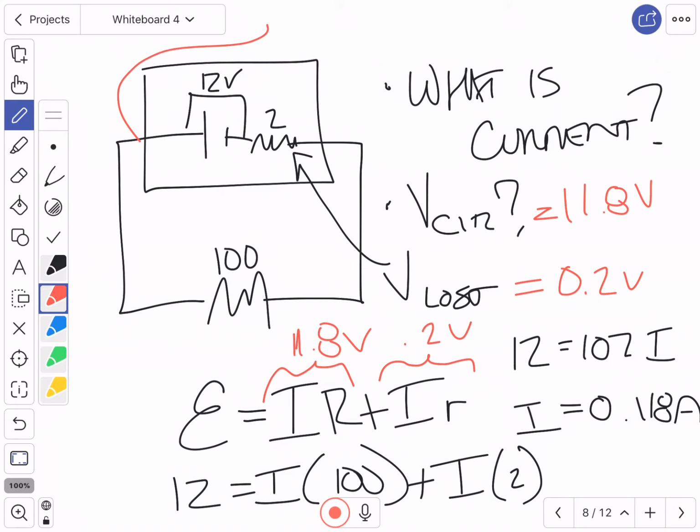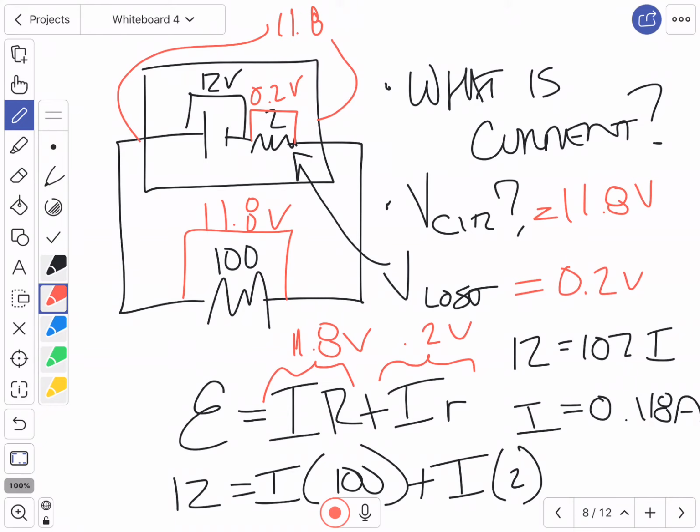If I were to have a voltmeter hooked up on either side of my battery, it would only read 11.8 volts because some of that voltage is lost within the battery. That 0.2 volts is lost here, whereas the rest of the circuit can only use 11.8 volts.